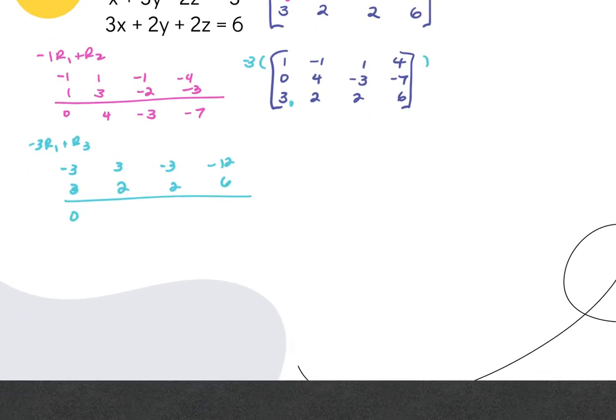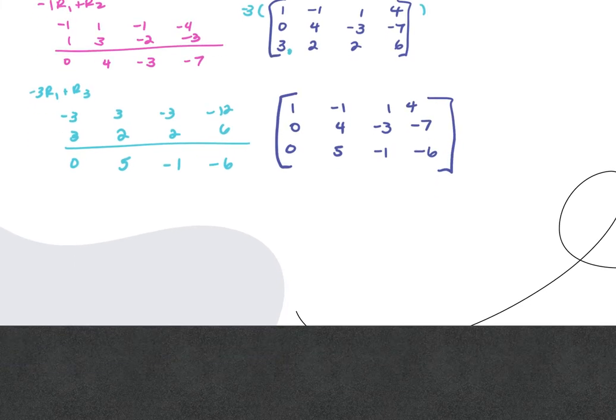And I get 0, 5, -1, -6. 1 stays the same. 2 stays the same. 3 gets updated. Now I want a 0 where the 5 is. I also want to get a 0 where the 1 is and a 0 where the 3 is.